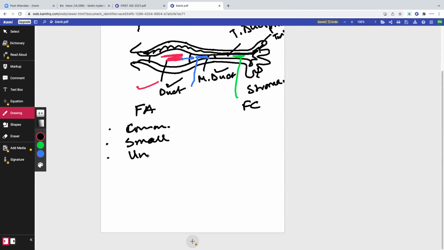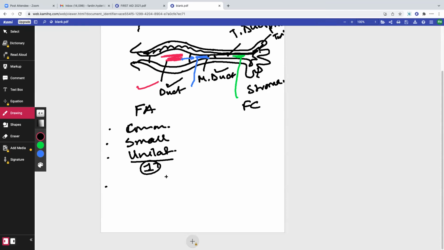It is usually unilateral, meaning the number of fibroadenomas we usually get in a patient is one. We do not get multiple fibroadenomas. Then these are very common in premenopausal women, but so are fibrocystic changes. So that's not really something that I'm going to use.